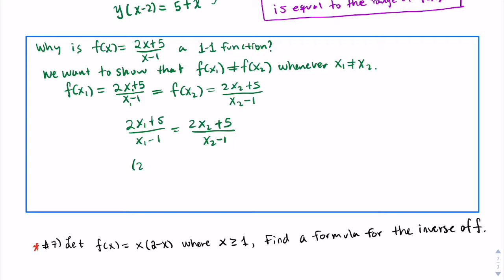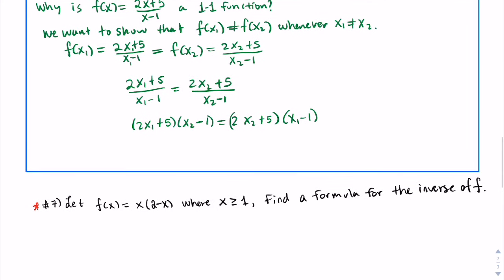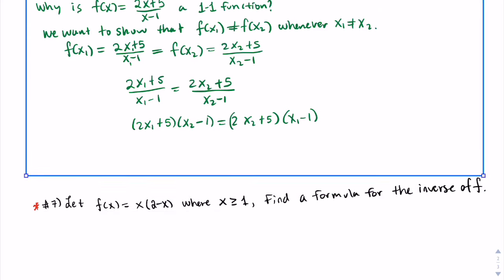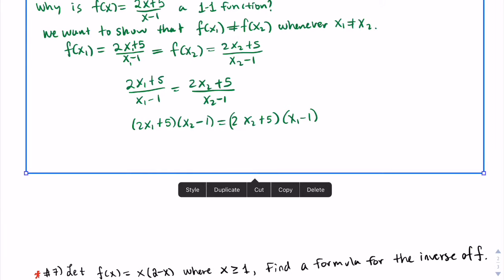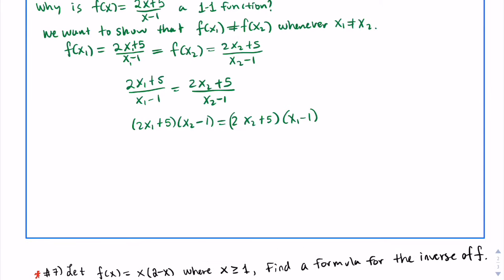I'm just going to do it step by step. 2x1 plus 5 times x2 minus 1 equals 2x2 plus 5 times x1 minus 1. Now, at this step, let's distribute everything on the left side. So we have 2x1x2 minus 2x1 plus 5x2 minus 5.